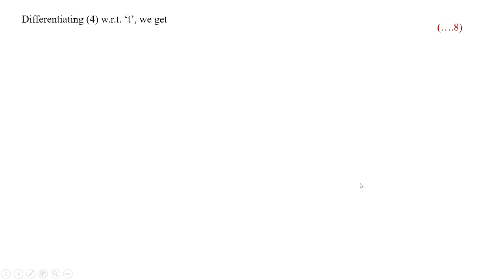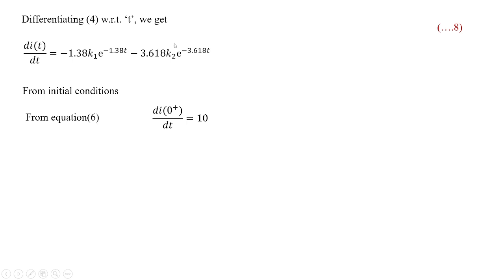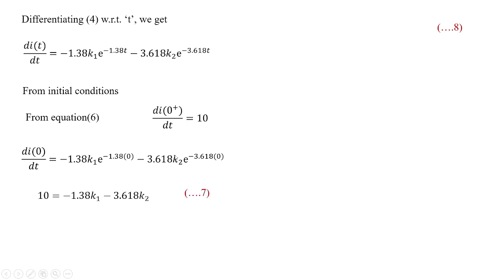Now, differentiating equation 4 with respect to t, we get this equation, that is di by dt, which is equal to this equation. And from equation 6, we know that di of 0 plus by dt equal to 10. So you substitute these values, equation 7 and equation 5 will give you the value of k.